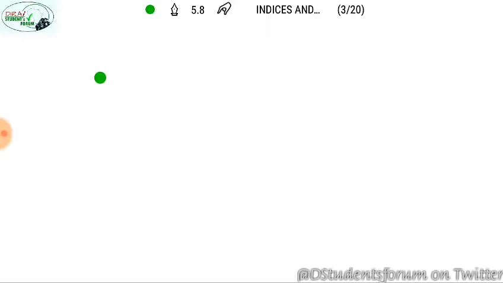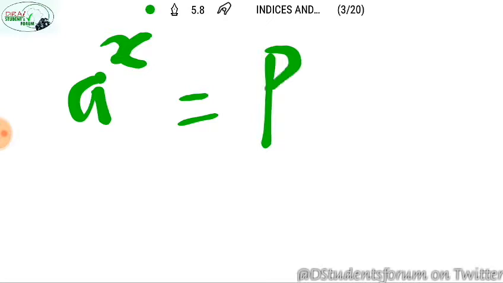We have a number a raised to the power of x equal to p, where x is the index. We all know that the index is the power, as we defined it in our lecture last week. And what if we are looking for the logarithm of p from this index form?